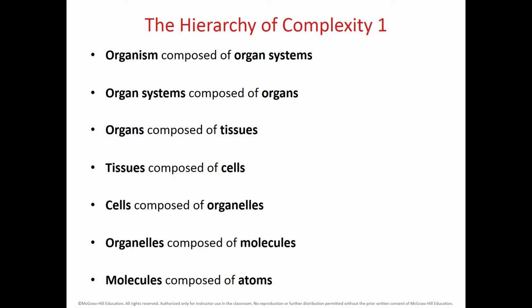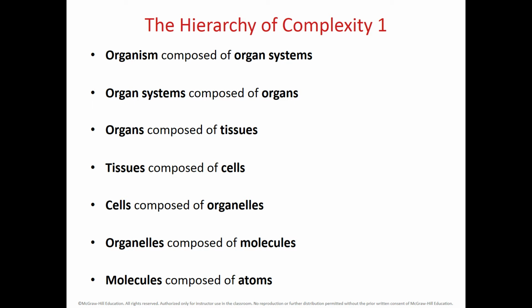So we can study the hierarchy or complexity of the human body from the organism level, in which the organism is the complete individual, which is composed of 11 organ systems.